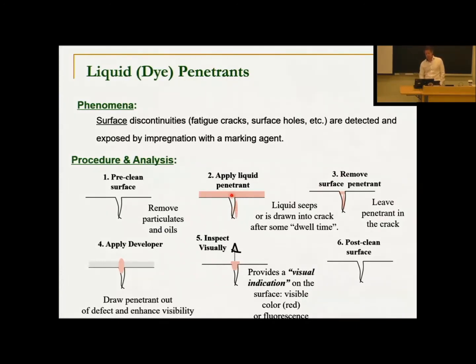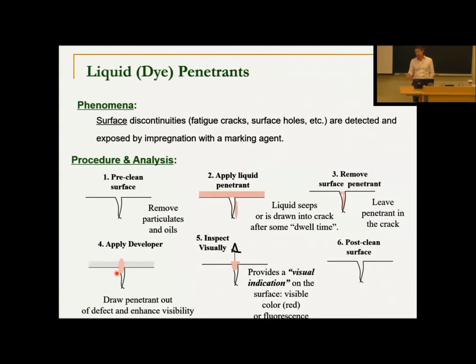And we let that liquid, through capillary action and gravity, seep into this surface breaking crack. We then clean the structure, leaving the dye of the colored liquid in that surface breaking crack.